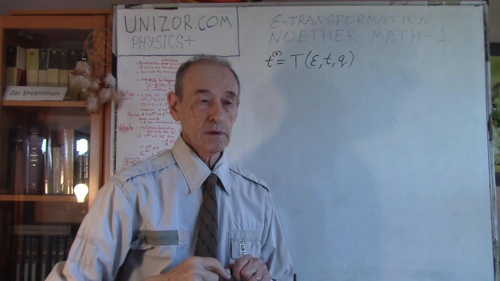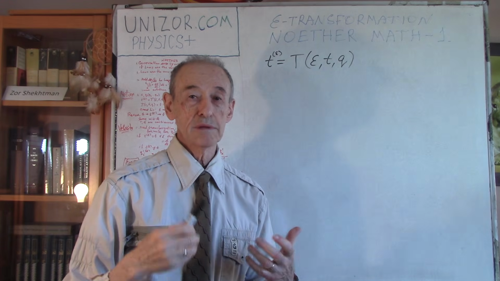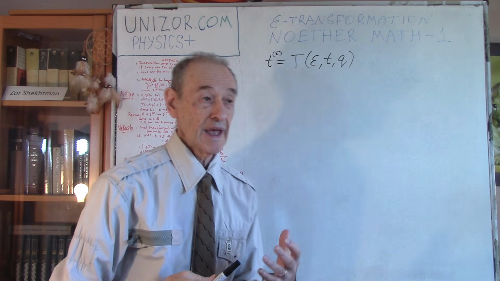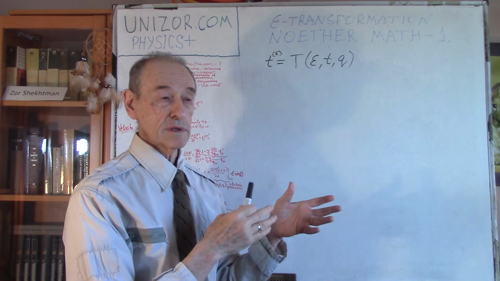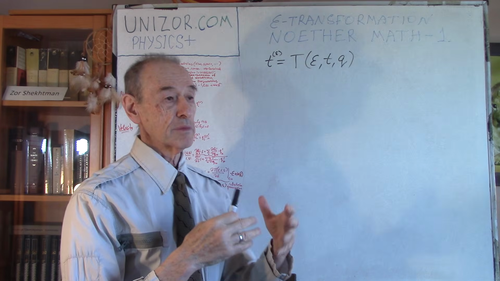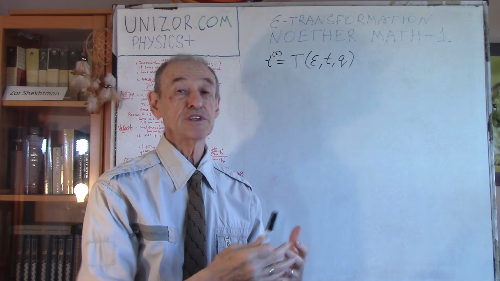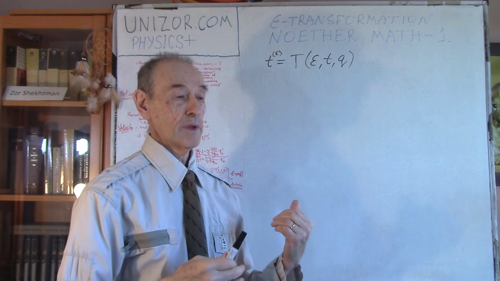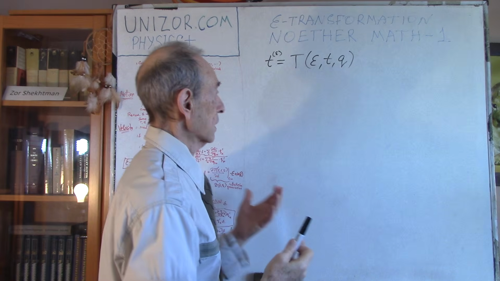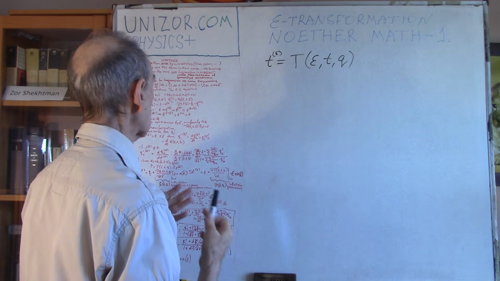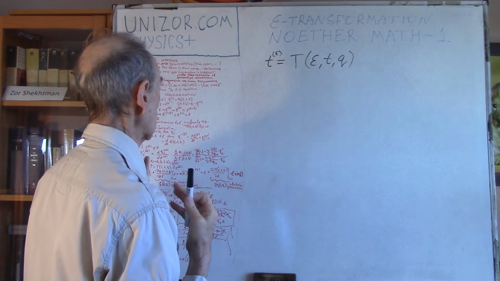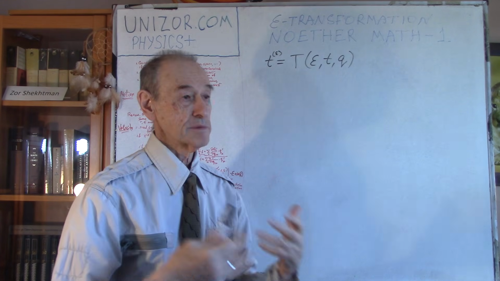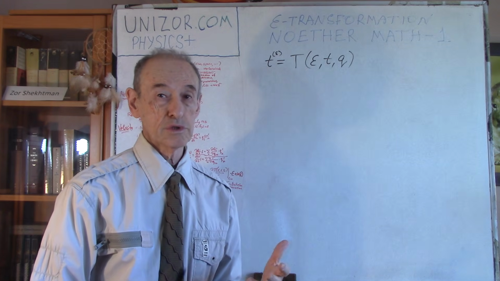I'm using the letter epsilon because in mathematics it's usually associated with an infinitesimal value, and we do need the dependency of how time will infinitesimally change during a very small motion. That's basically the way we represent time as a mathematical model of motion.